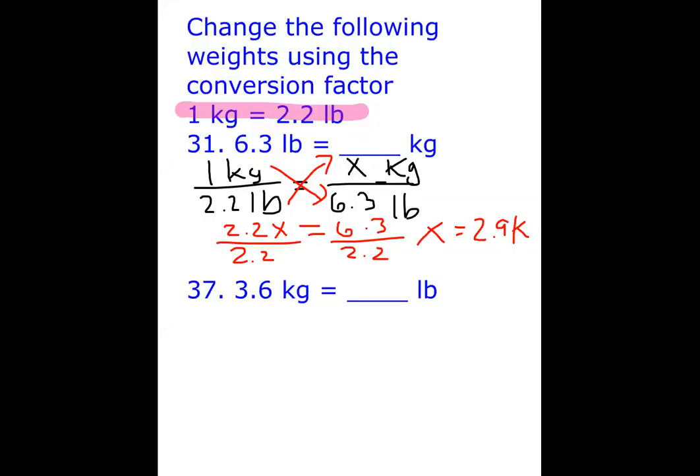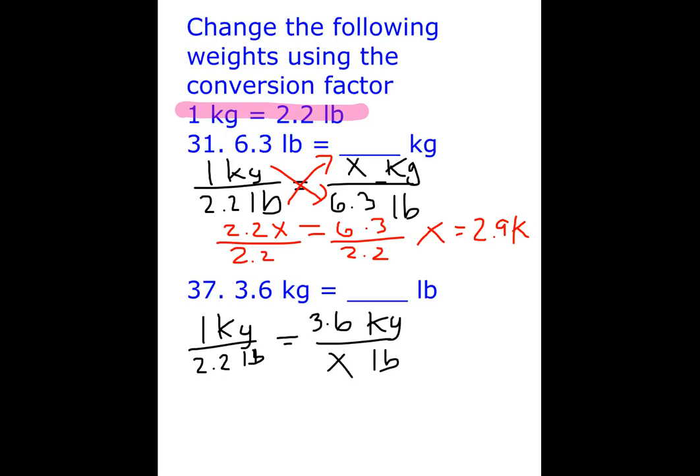Now, so we're going to again write what we already know. We know that 1 kg is equal to 2.2 pounds. So set it up as a fraction. And then we're going to set up our next. So kgs have to be on top, pounds have to be on the bottom, because our numerators and denominators have to match. In this case, we know the value of the kilograms, which is 3.6, and we want to know how many pounds there is.